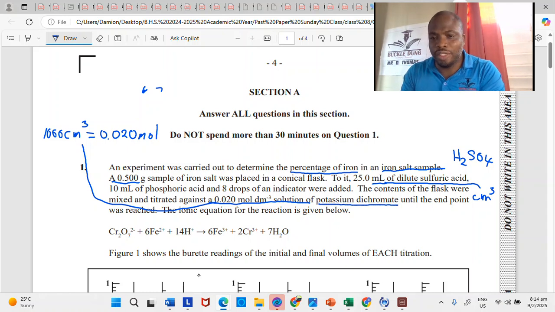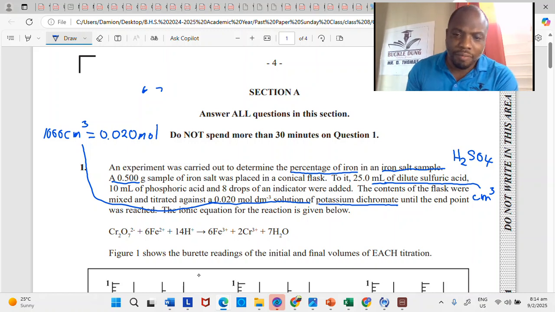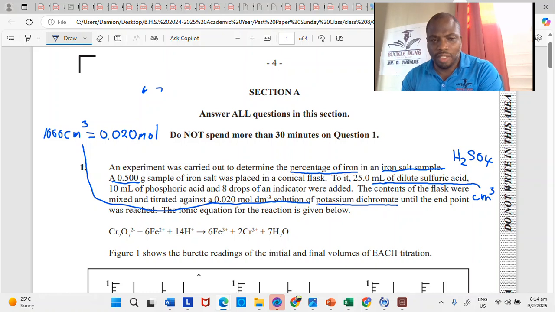Now we learned last week about oxidation and reduction. We learned about the concept of reducing agent and oxidizing agent. So can anyone tell me, potassium dichromate? Is it a reducing or oxidizing agent? Anybody? Oxidizing agent. So it's an oxidizing agent. Beautiful.